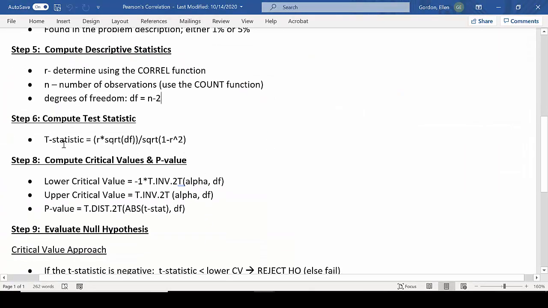Next, we can compute our test statistic. This is the formula for the test statistic. We're going to take our Pearson's R times the square root of the degrees of freedom, and divide it by the square root of 1 minus R squared.